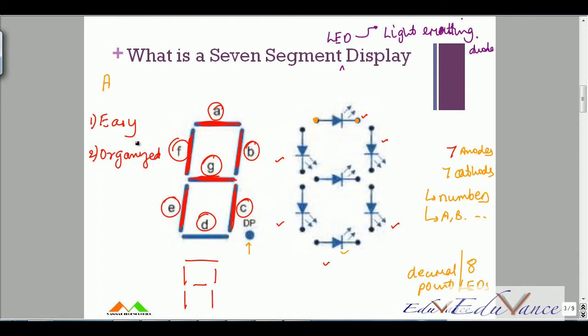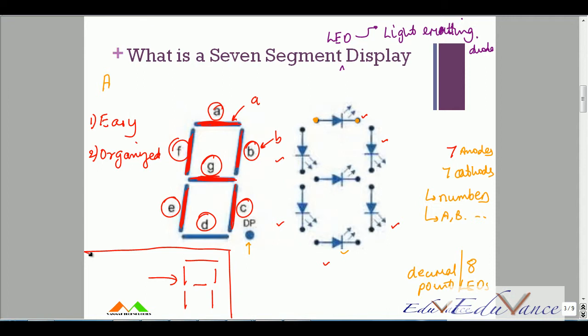We will see as a future part of the same lecture that when I use a 7-segment LED, it is easier for me to identify that this LED is LED A, this LED is LED B, and so on. Please make a note here that these characters A, B, C, D, E, F, G have nothing to do with the display characters that you want to display. They are two independent phenomena.